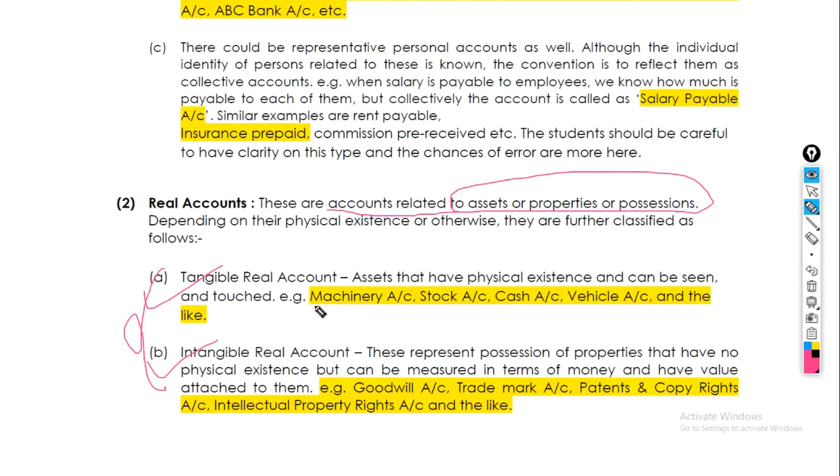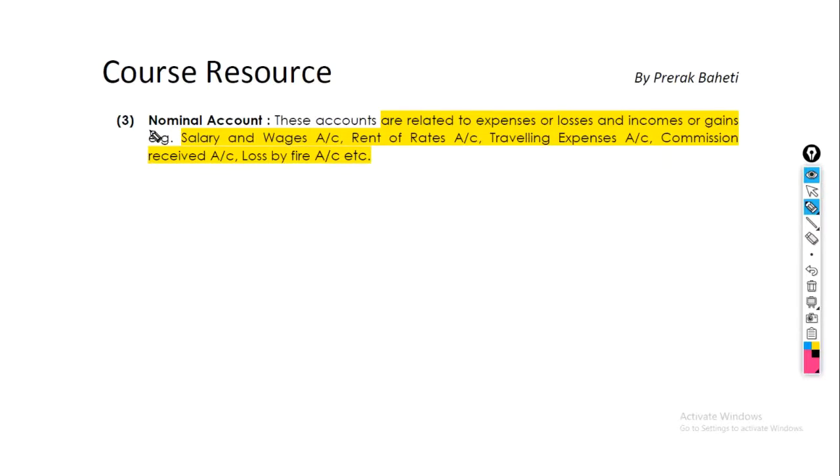Tangible real accounts are machinery, stock, cash, vehicle, etc. And intangible assets are goodwill, trademark, patents, copyrights, intellectual properties, etc. So just remember, this is a real account. Any transaction that affects these accounts will be guided by the rules of a real account, which we'll soon learn. Let's cover the third type, which is a nominal account.